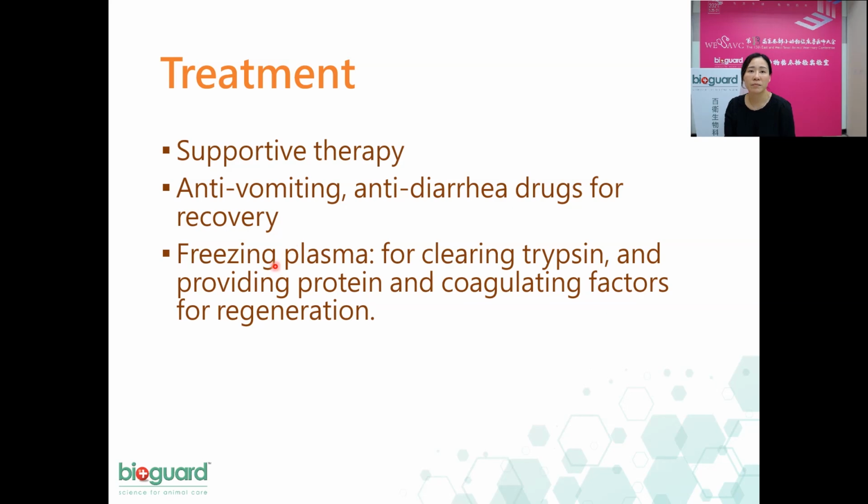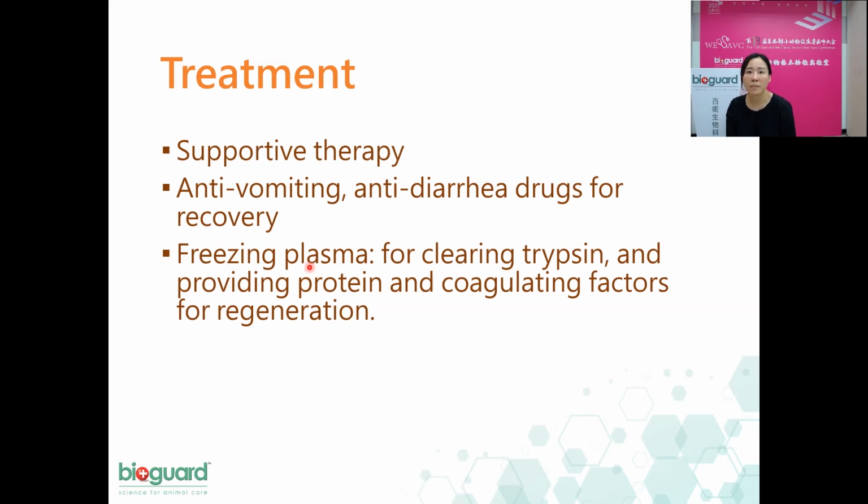And sometimes we may also use frozen plasma, and this frozen plasma will help the animal. It will clear the trypsin and the digestive enzymes within the blood, and prevent the possible damage caused by these enzymes.